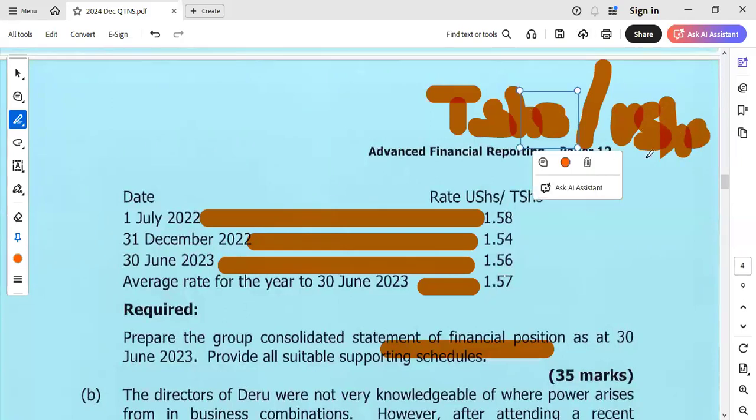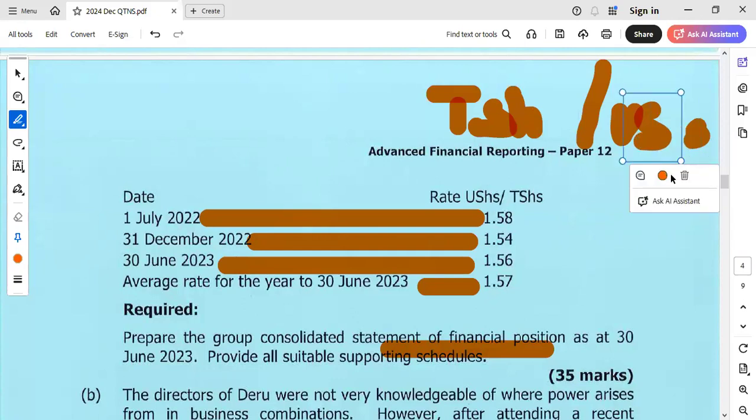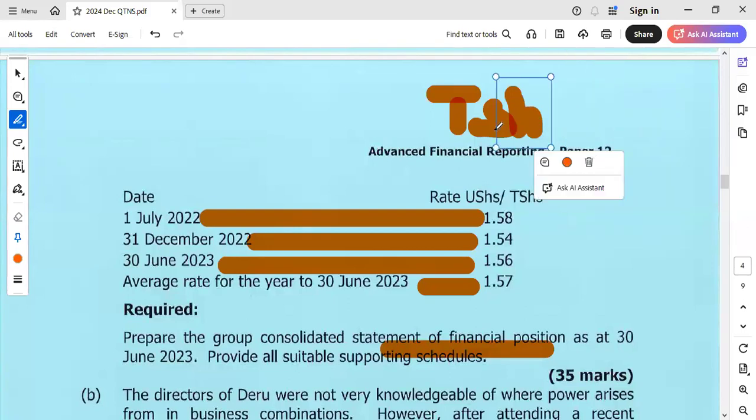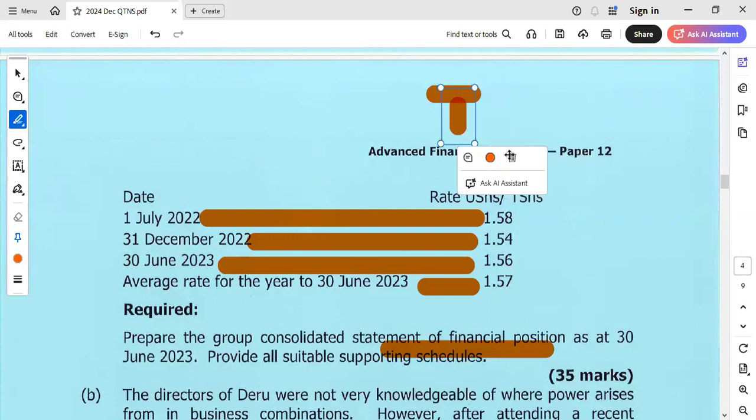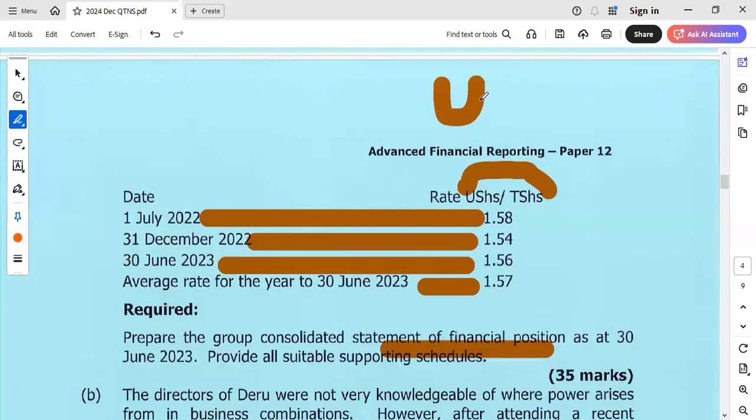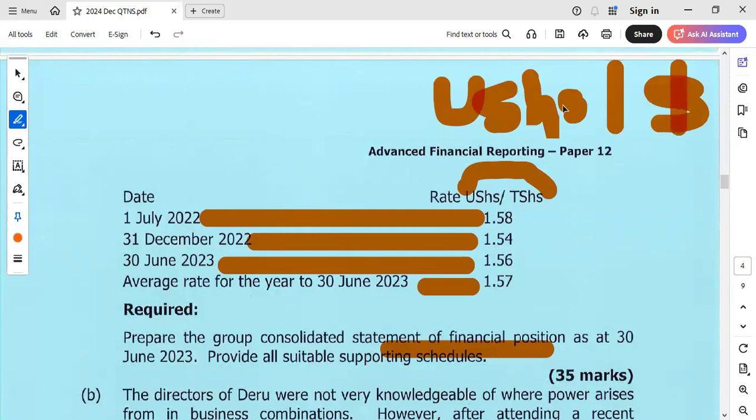You get the figure divided by the exchange rate. But if you see that it is quoted like this, that is a direct quote. As you translate, you'll be multiplying. Have you understood that? This is like finding that they have told you Ugandan shillings per US dollar. There it is still a direct quote.